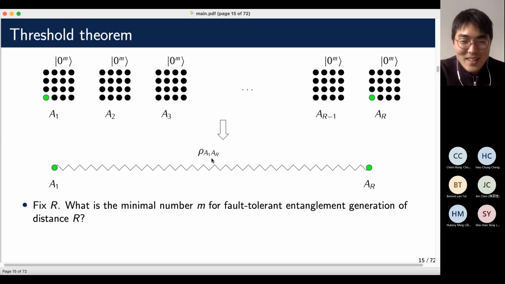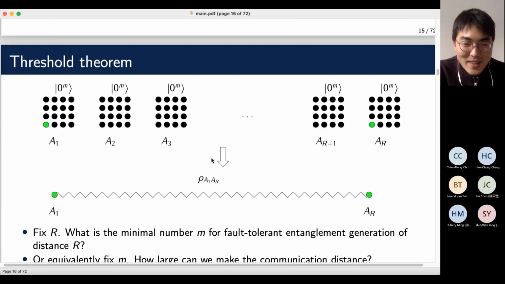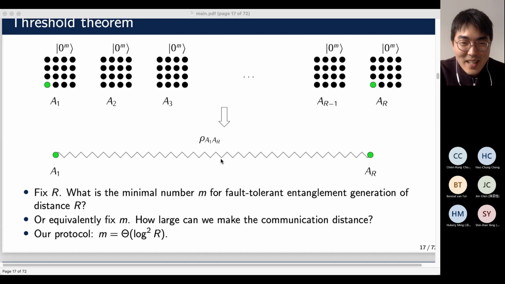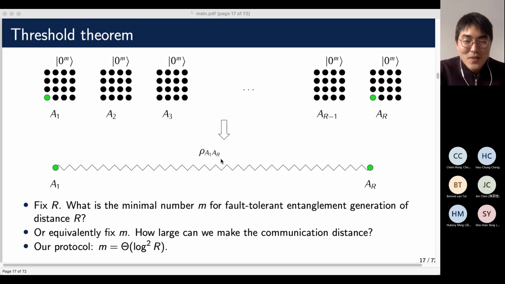Or equivalently, one can fix M, and then what is the maximum communication distance? And in our protocol, if we fix R, then we only need log square of R number of qubits per station.